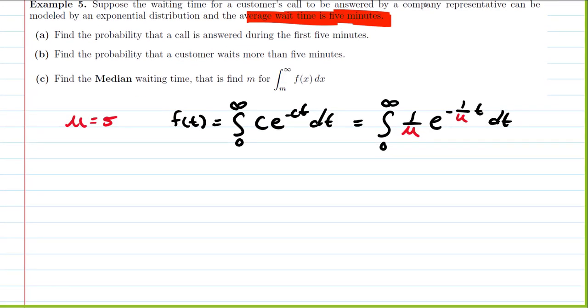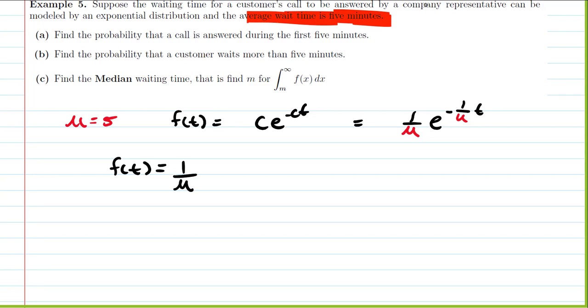It should just be this function, because we're just talking about our function. So finally, f of t would then be equal to 1 over mu, but mu in this case is 5, so 1/5 e to the negative t over 5, right? We just substituted in our value of mu, which was 5.